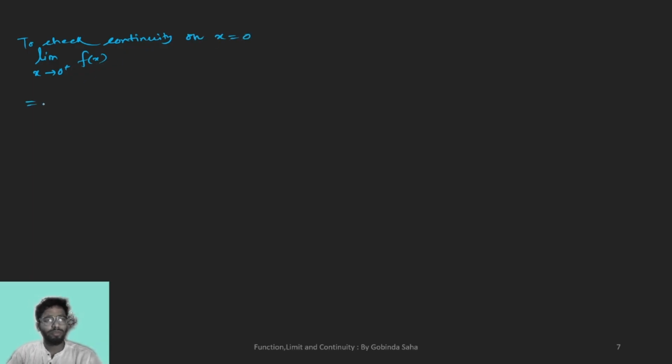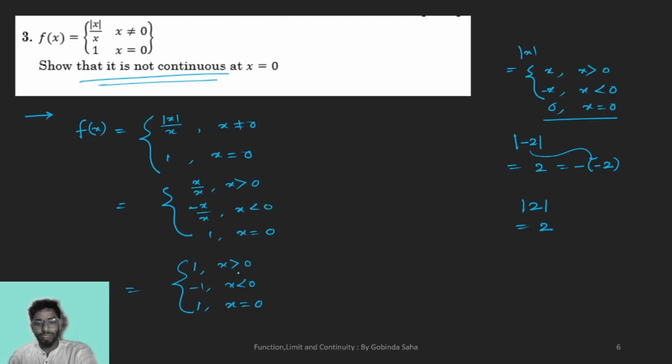So we are first trying to find the limiting value when x is approaching 0 but is a little bit greater than 0. So see, it refers to greater than 0. So for greater than 0, the value of f(x) is 1.